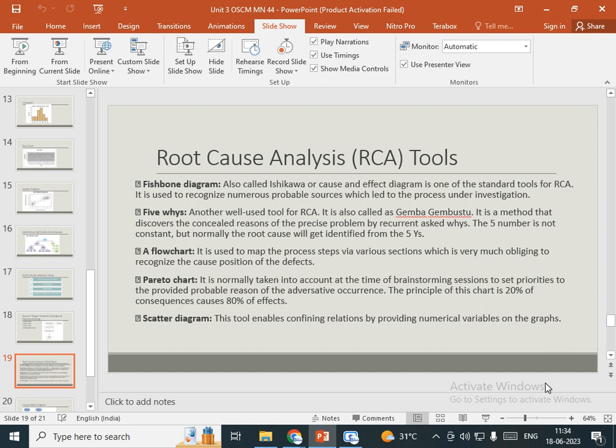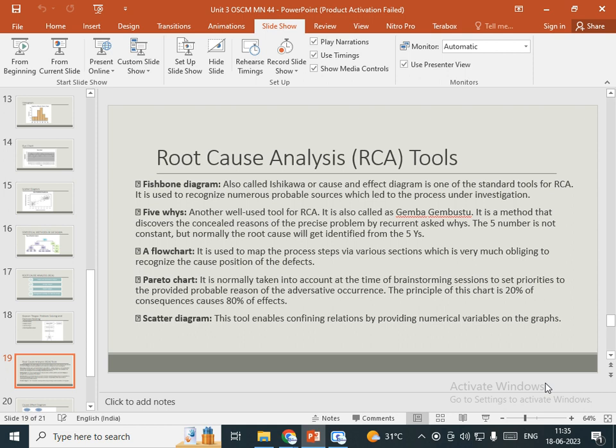It is used to map the process steps through various sections, which is very helpful to recognize the cause position of the defects. We have Pareto analysis. It is normally taken into account at the time of brainstorming sessions to set priorities for the probable reasons of adverse occurrences.